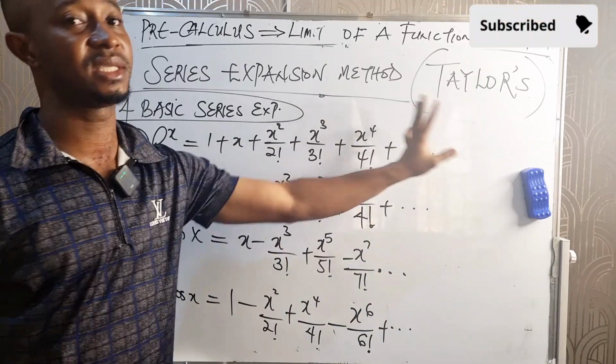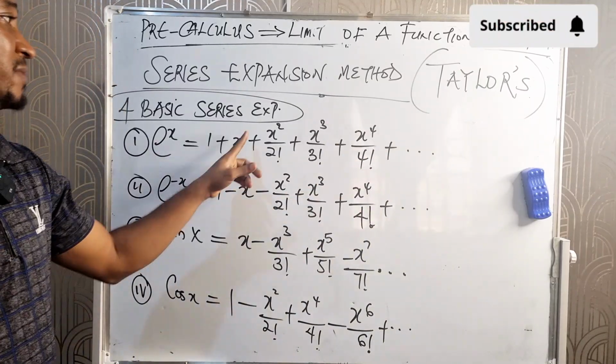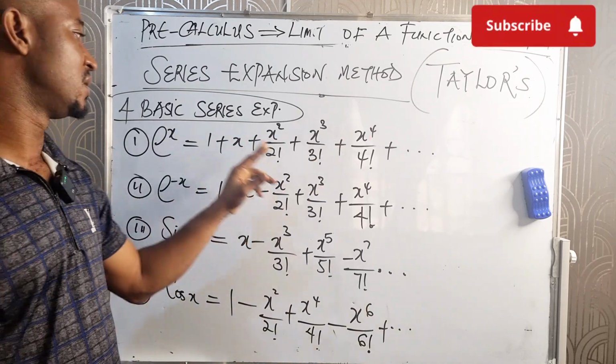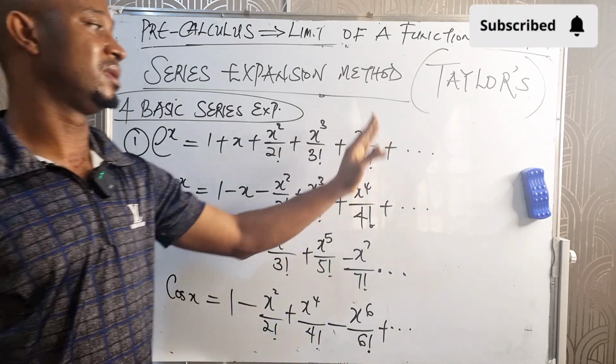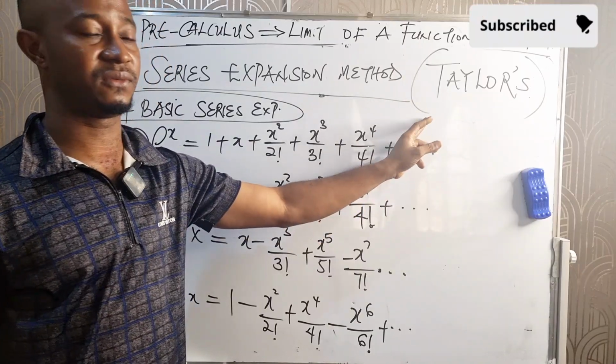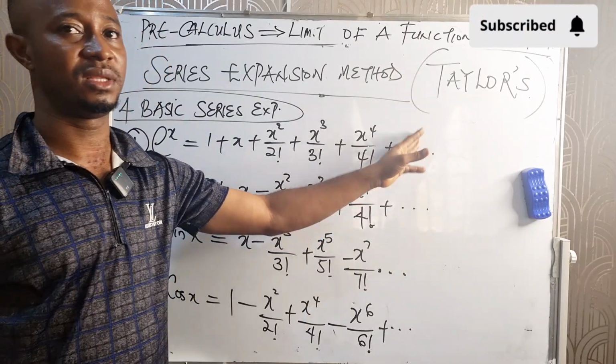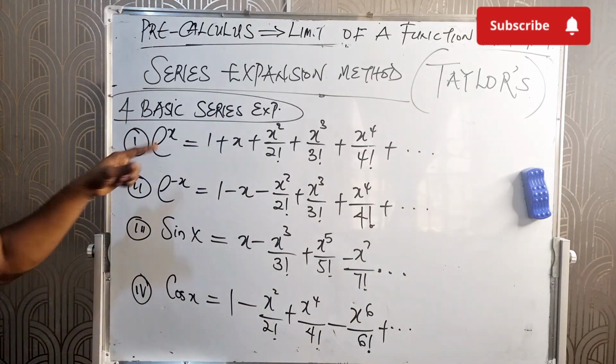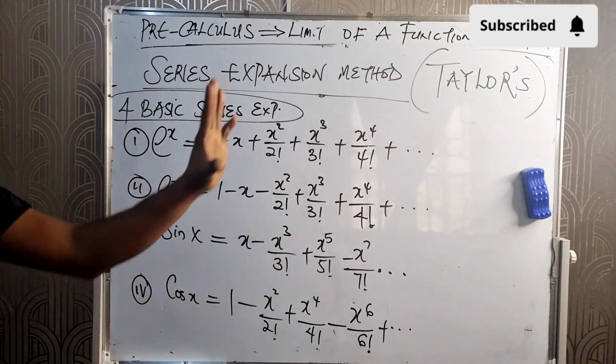That means I can predict every other term. The number increases progressively. If there's 1, 2, 3, 4, the next will be x to the power of 5 over 5 factorial, then x to the power of 6 over 6 factorial, just like that. That is only for exponential x because it's constant that way.